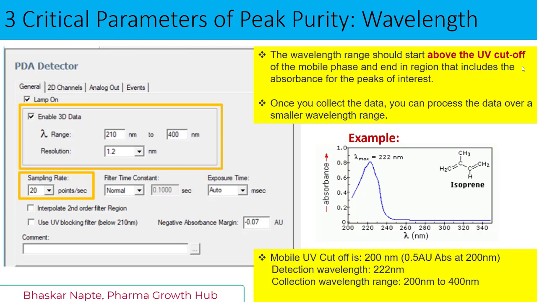Now this is your wavelength collection range. This is not your wavelength verification range, right? Now what is your wavelength processing range? Once you have this information in hand, you are going to look at the UV cutoff. You are also going to look at the UV spectra and until which wavelength there is a possibility of absorbance.